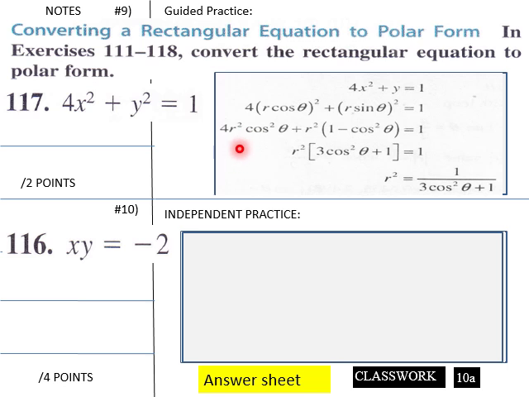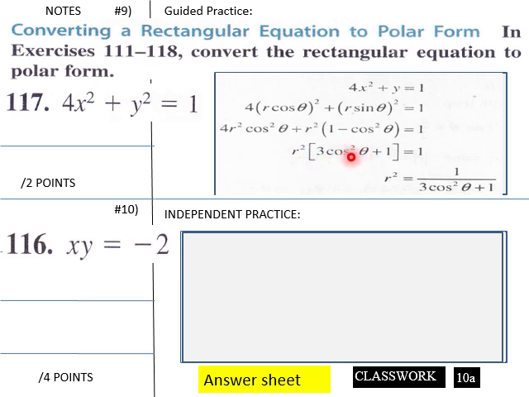So we have 4r squared cosine squared theta plus r squared times 1 minus cosine squared theta. So we can combine like terms here, and then we end up with r squared multiplied by 3 cosine squared theta plus 1.